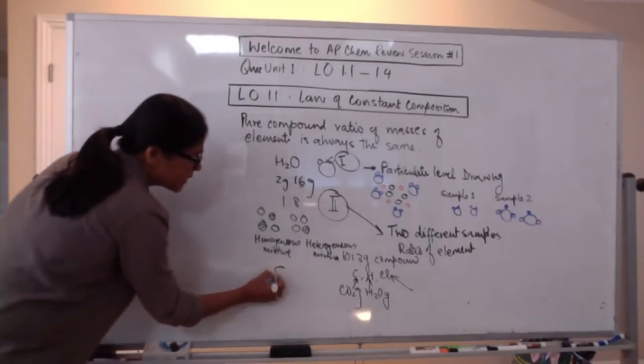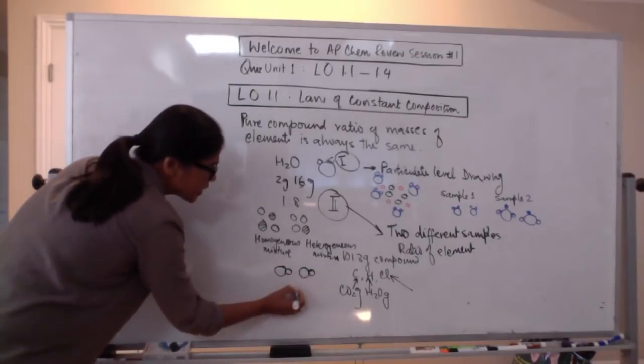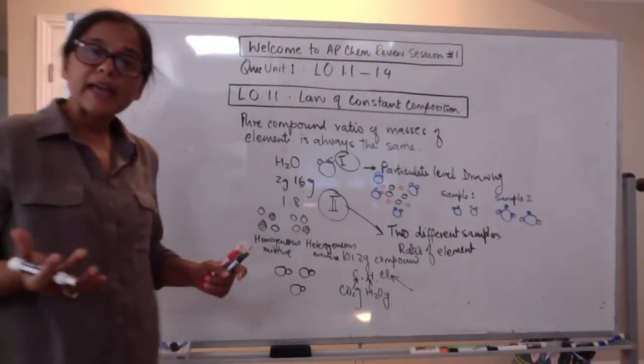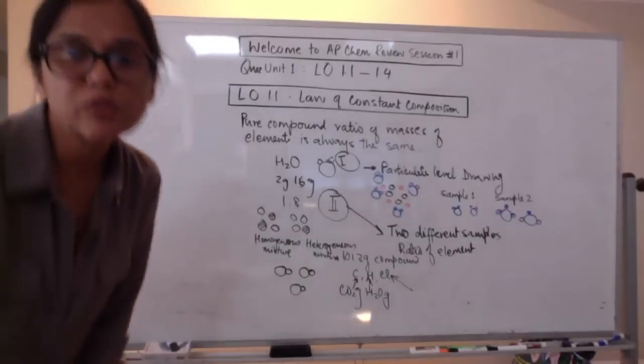And 2 elements combined with each other in the same ratio will be a compound. So it depends. It could be any, but you have to look more closely to figure that out.